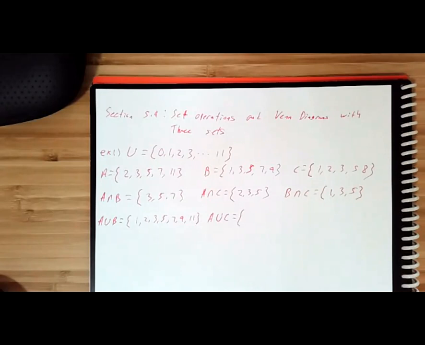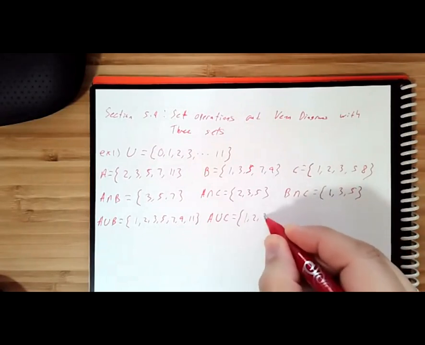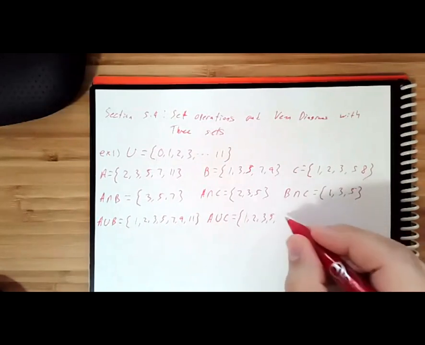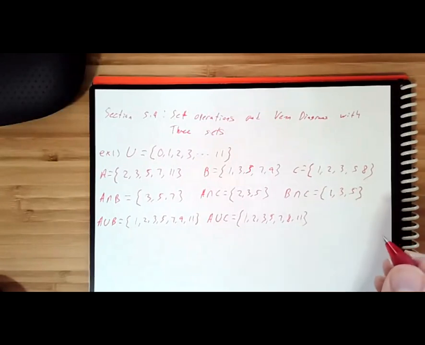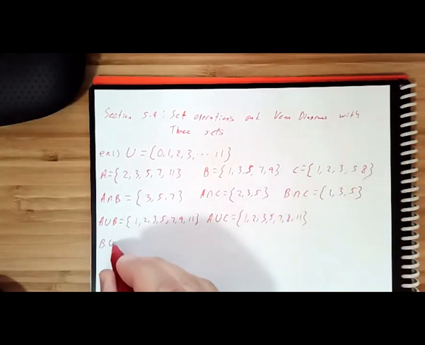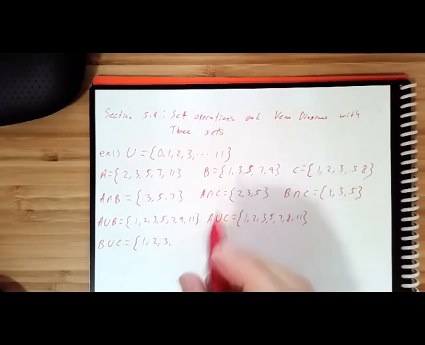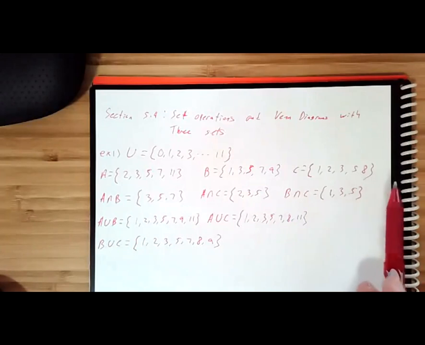A union C. Combine them together. 1, 2, 3, 5, 7, 8, 11. Okay, now B union C is 1, 2, 3, 5, 7, 8, 9.